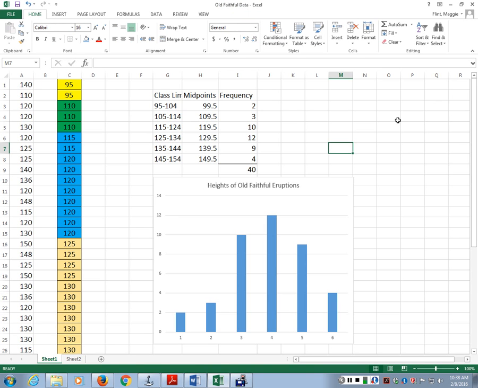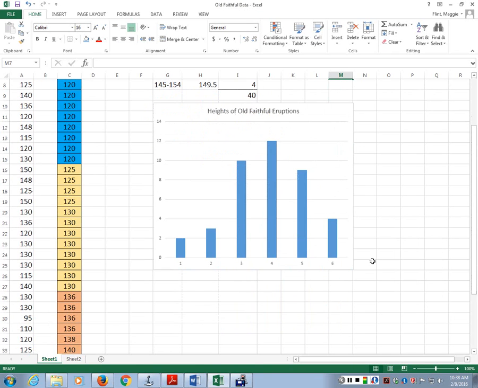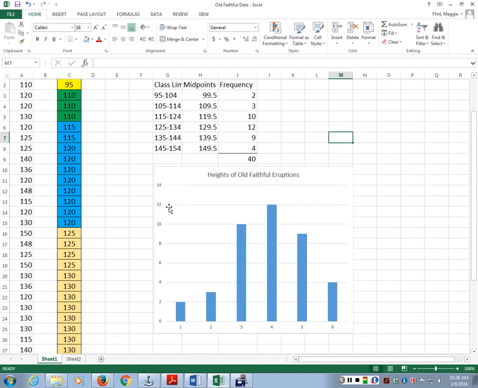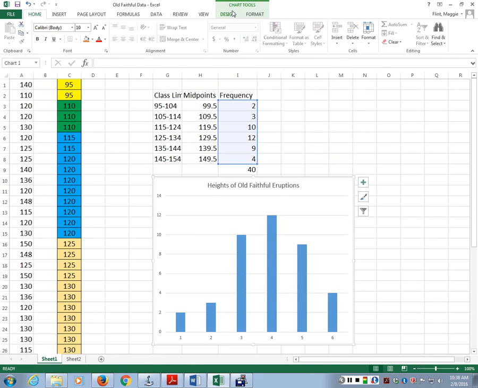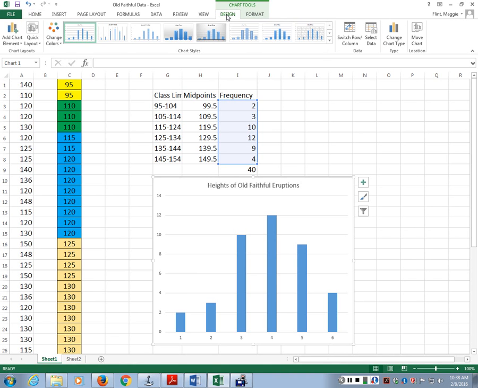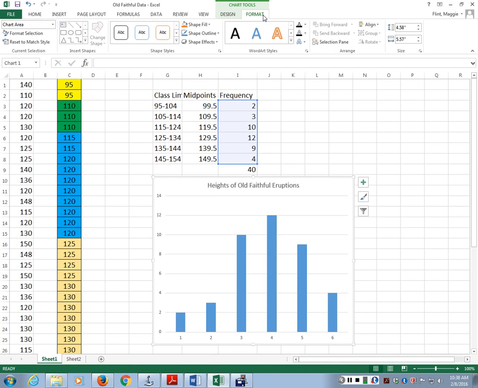The other problem that I've got here is that each one of these bars doesn't represent 1, 2, 3, 4, 5, 6. It actually represents these class limits. So with my chart highlighted, notice up here Chart Tools gets lit up. And there's two of them. There's Design, there's Format.